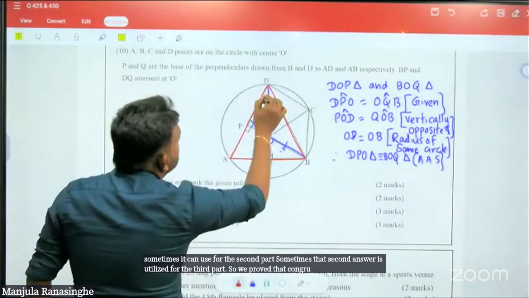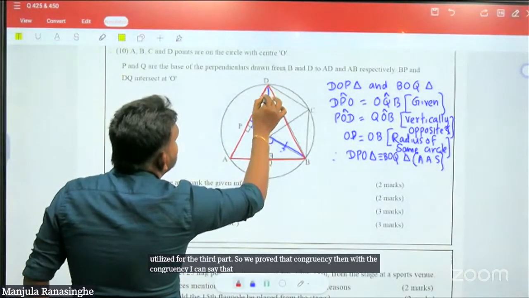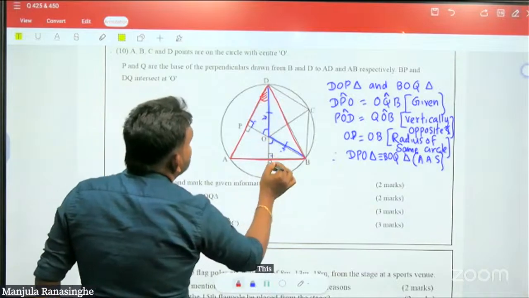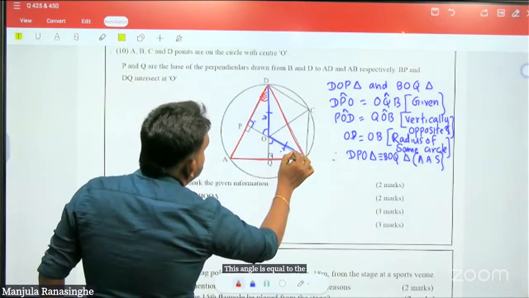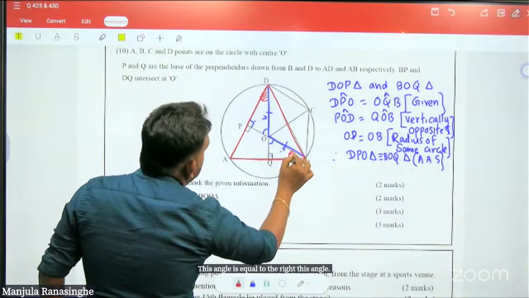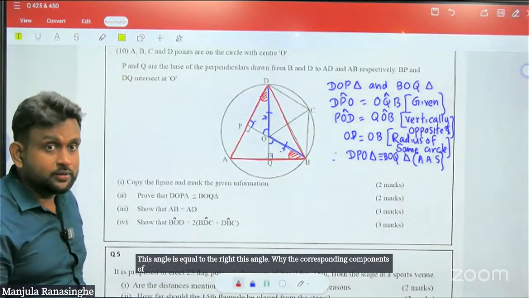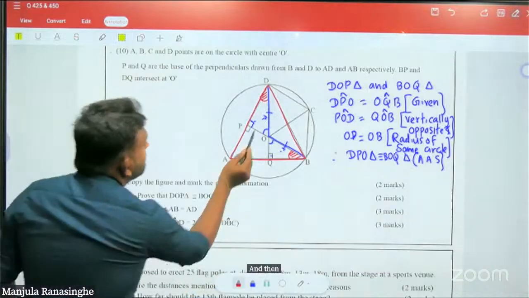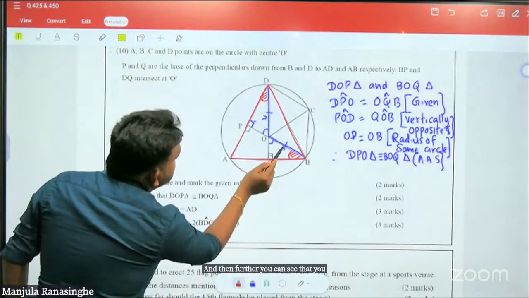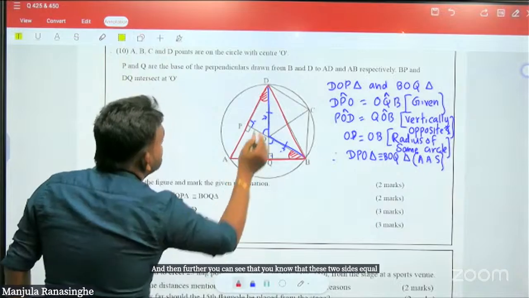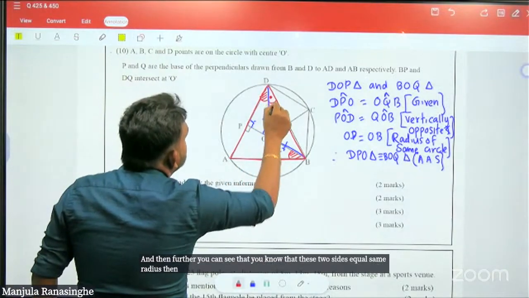Then with the congruency, I can say that this angle is equal to this angle. Why? Corresponding angles of congruent triangles. And further, you know that these two sides are equal, the same radius, so this part equals this part.